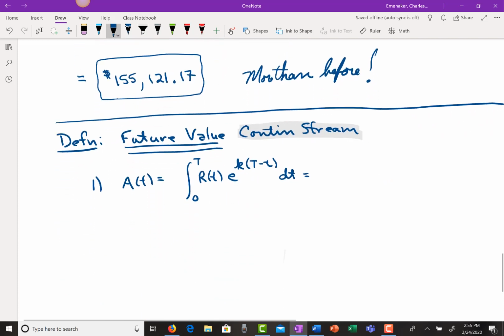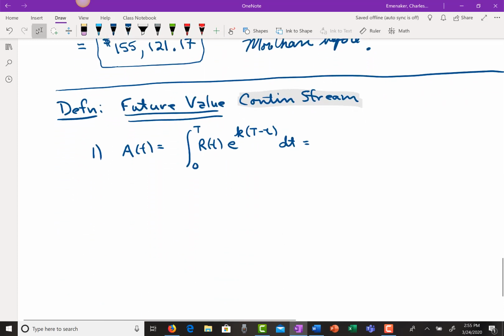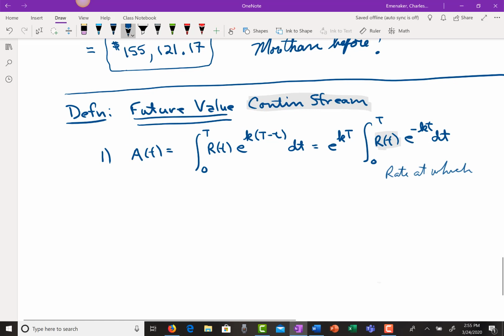But when I go to write this down here, and I put down what the formula looks like, e to the k capital T, the integral from 0 to capital T, r of t, e to the negative kt dt, I'm leaving this r of t inside. This r of t is the rate at which money is invested.